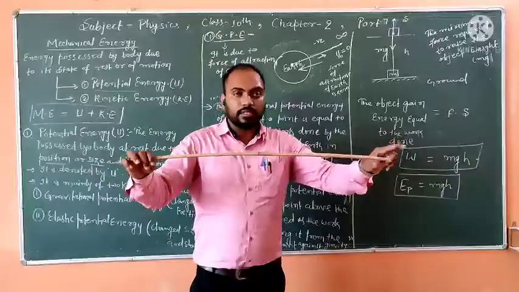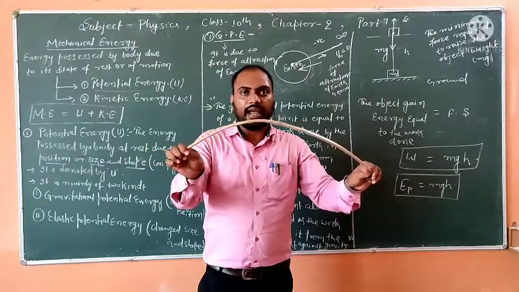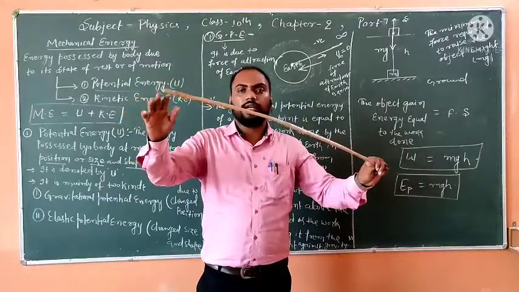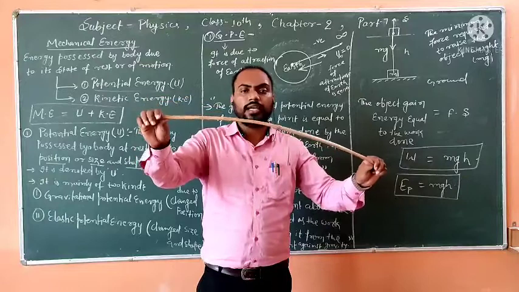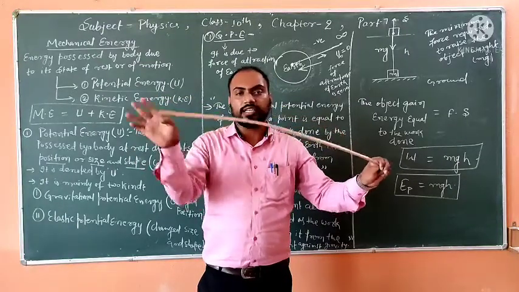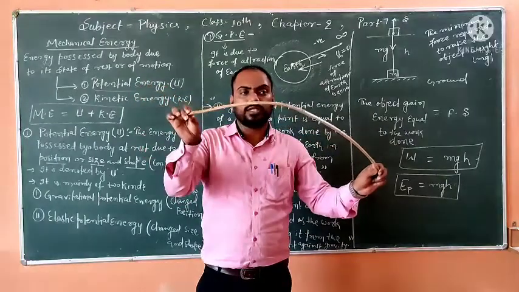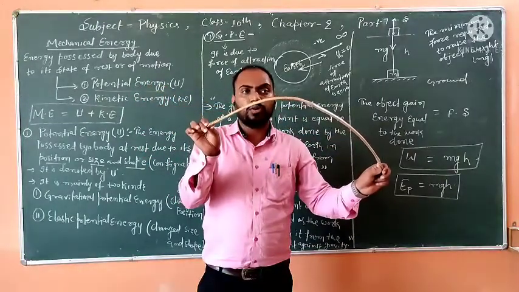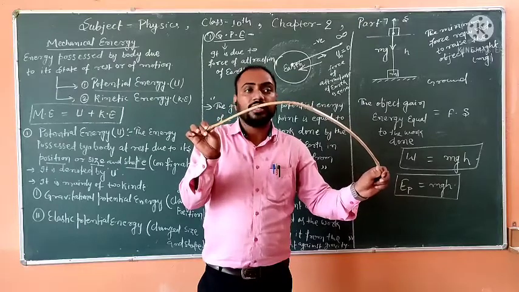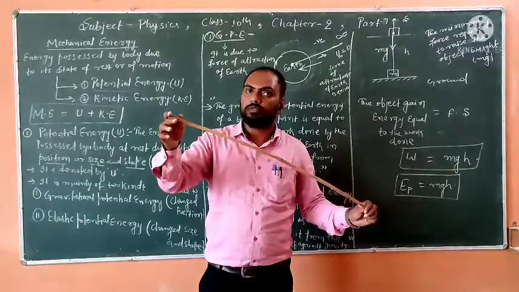If I am bending this stick and I leave it, it will return as it was, due to its elastic potential energy. If I apply force, work, more than its elasticity, it will never come back to its original position.